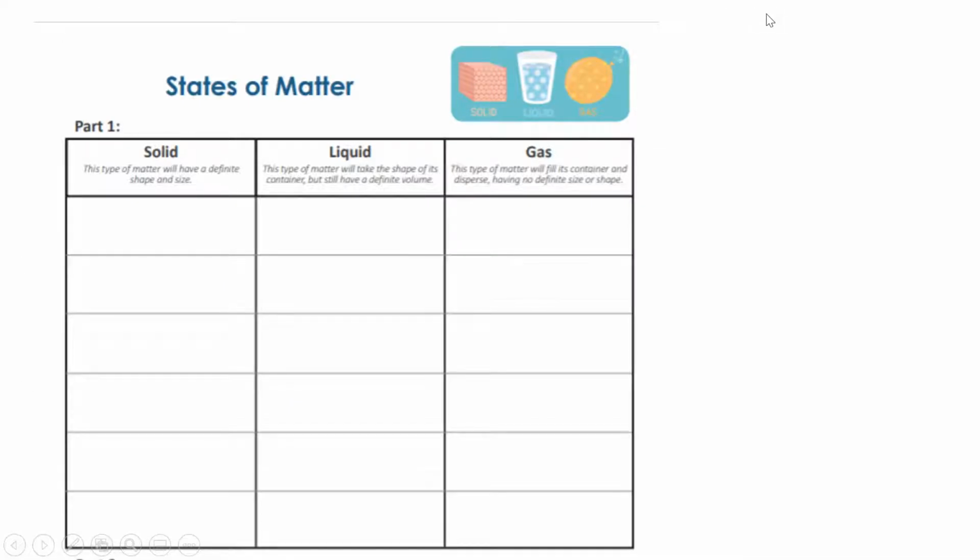Okay, so you should have your states of matter paper out, and a part of being a scientist is recording and understanding your observations. You made observations at the beginning of the lesson by simply noticing the world around you. Look at the list you made of the things that you observed.